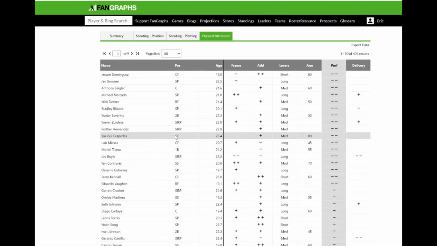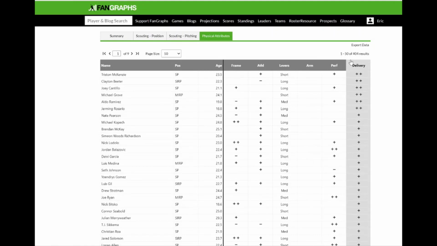Same with Yoelqui Cespedes, who's going to be 24 later this year and hasn't played baseball in like a couple of different years. But so you'll see a lot of the Cuban guys who haven't played in quite a while on here for that reason, just because there's no track record of performance. And it's been a while since we've seen them, and it's scary. And it has to drag down their overall valuation.